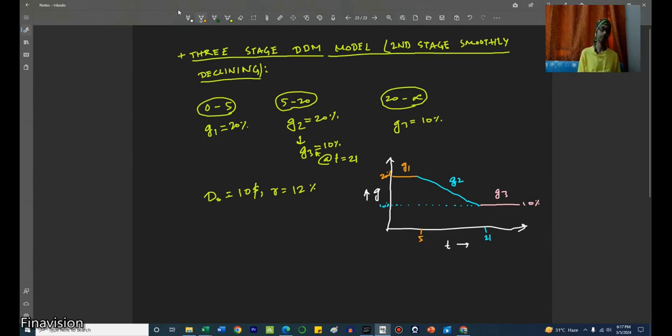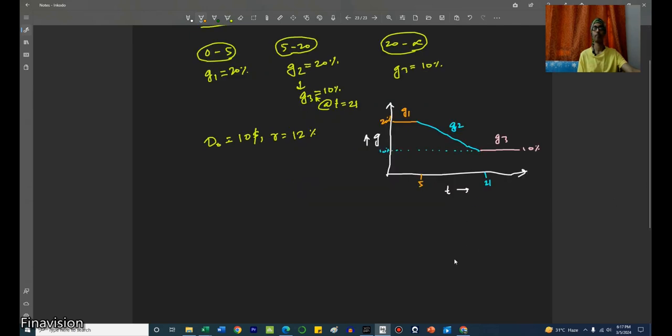Okay. Now let us calculate the values. Just one point to be careful, guys. At t is equal to 21, the rate reaches 10%.